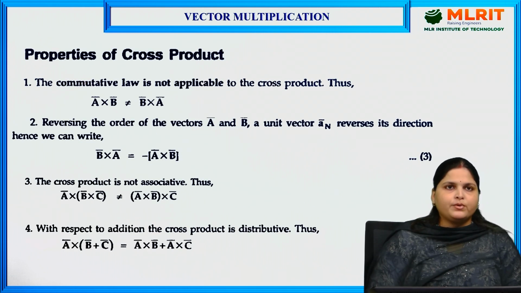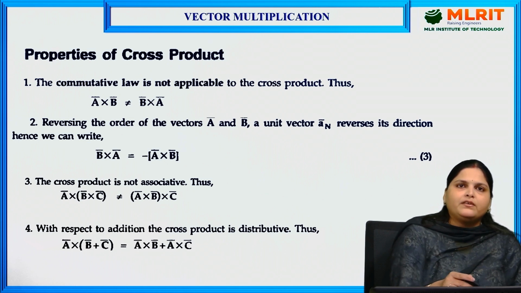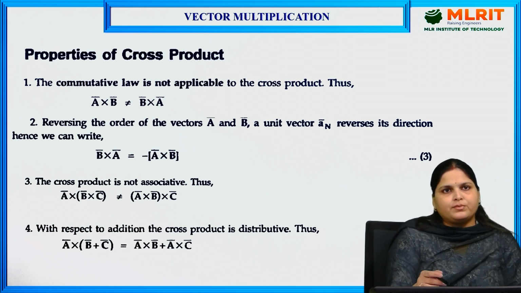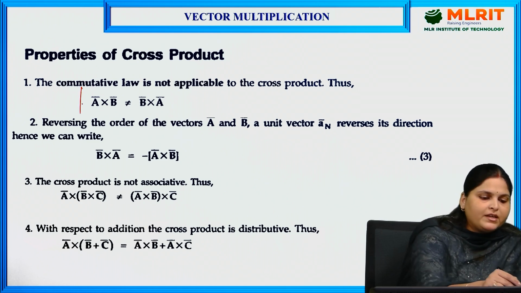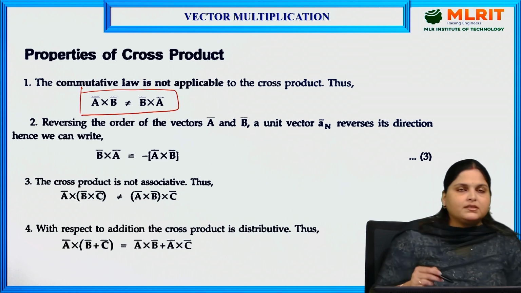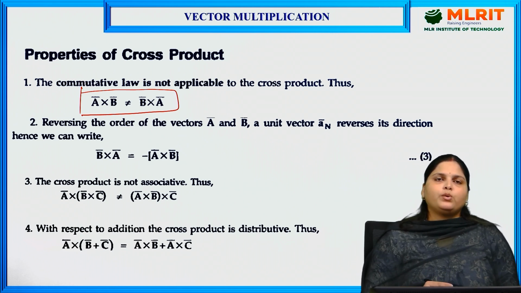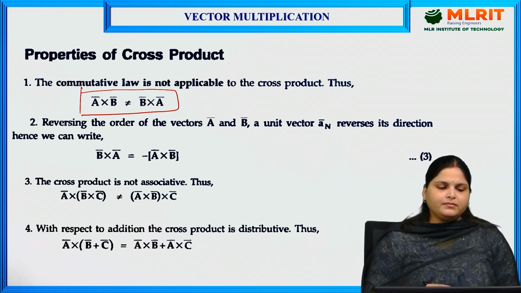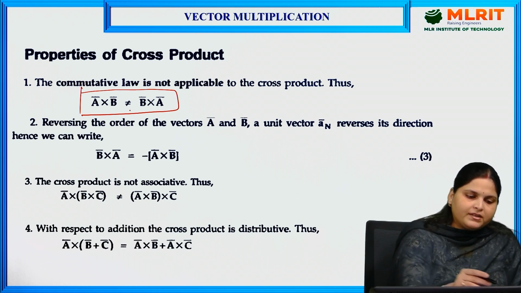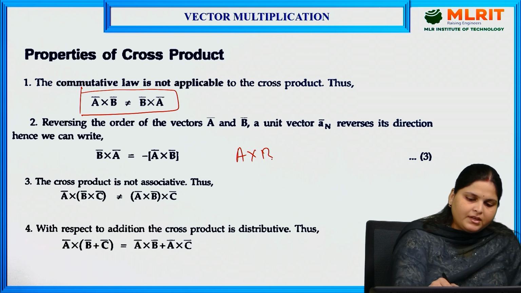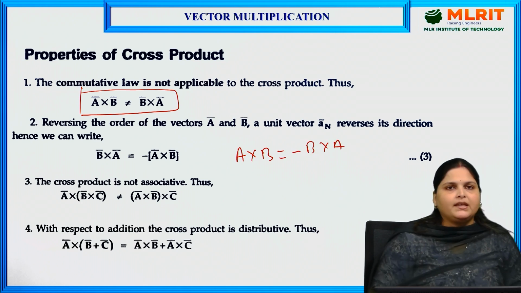Properties of cross product. The first property is that the commutative law is not applicable in cross product. The commutative law was applicable in dot product, but in case of cross product, it does not apply. That means A cross B cannot be equal to B cross A. But if we want to write it, it will be with the negative sign.